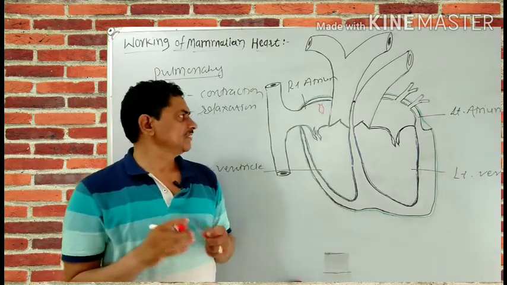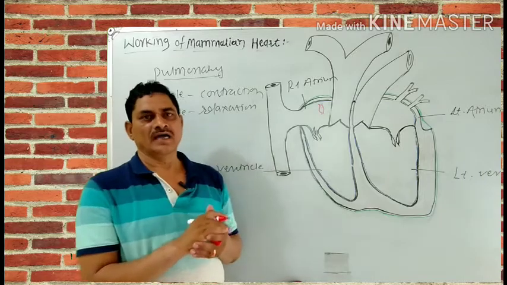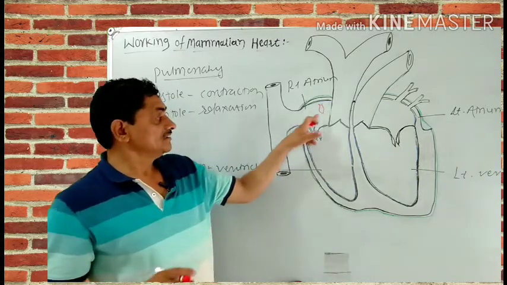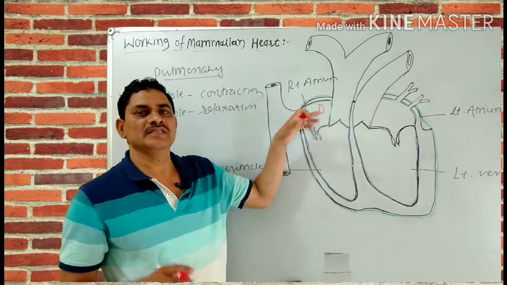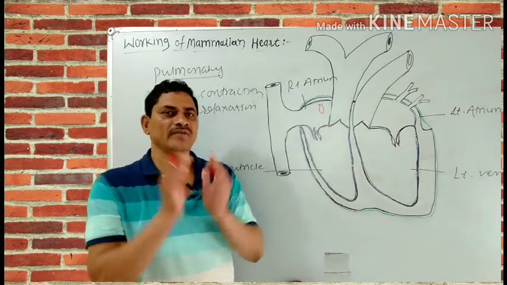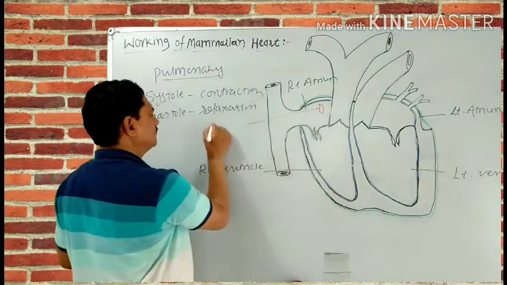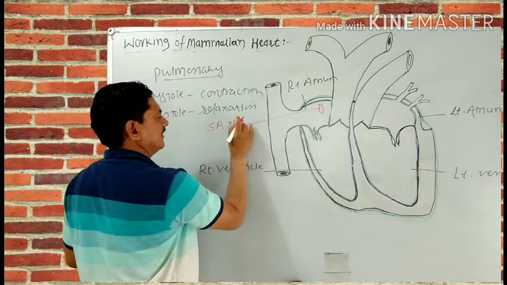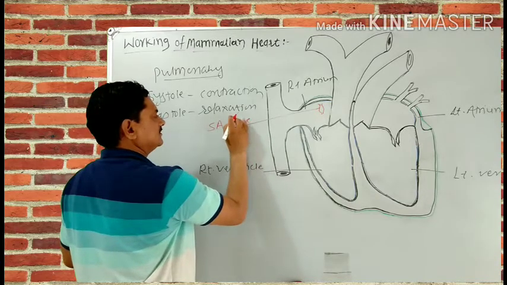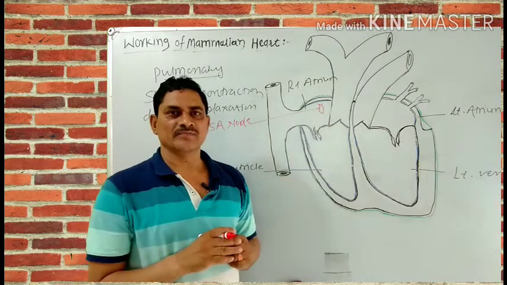This pacemaker is responsible for the contraction of heart chambers, and it is situated in the right atrium at the base of the left precaval vein. Therefore, it is also called the sino-auricular node, or the SA node. This SA node is located in the right atrium.